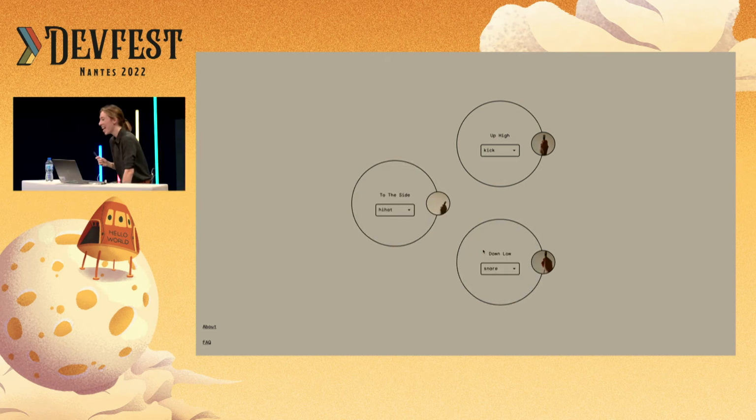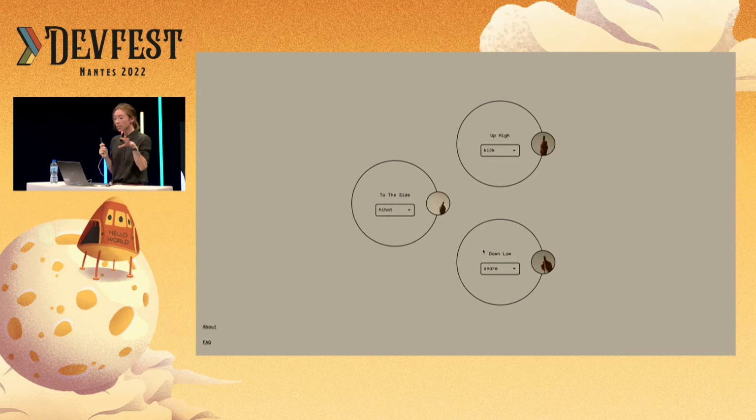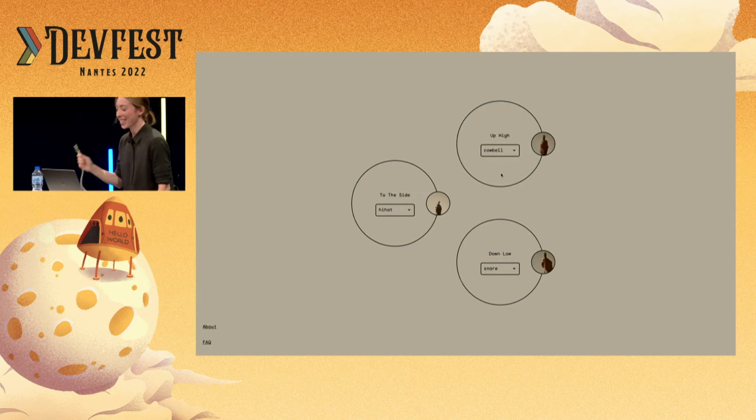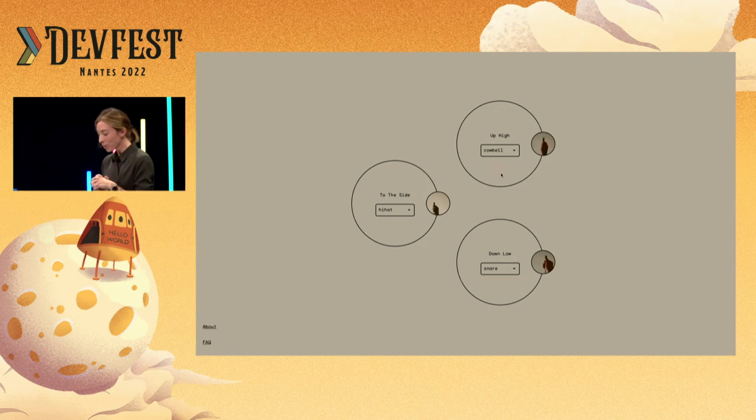That's it. I can do it more if you want. But in this example, there's only three sounds. Oh, cowbell, yeah. All right, so that's not mine, but you can build that kind of experiment as well.